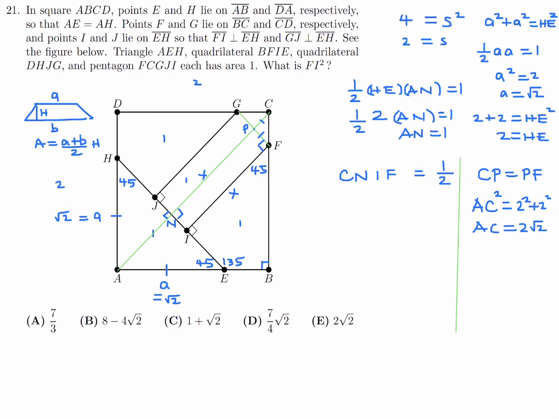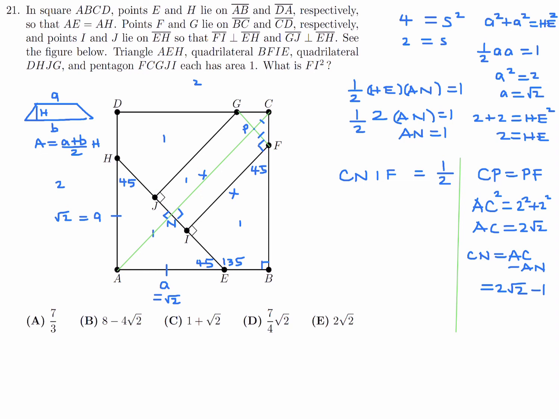And then now I can figure out CN. CN is AC minus this distance, AN. And both of those we know. A all the way to C we just figured out was 2 root 2. And AN we had previously figured out was 1. So CN is 2 root 2 minus 1.